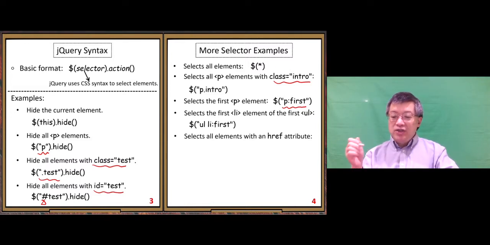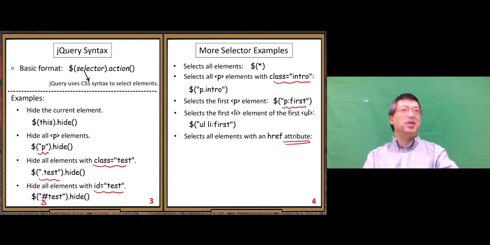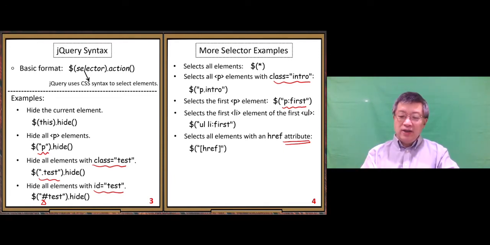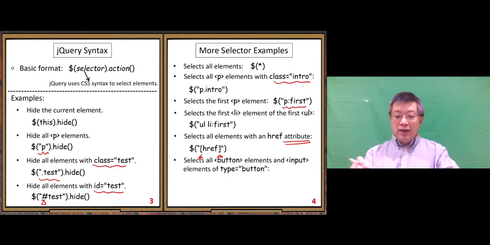Select all elements with href attribute. This time we can select based on the attribute also: dollar, double quotes, a pair of brackets for the attribute. Selects all button elements and input elements of type button.